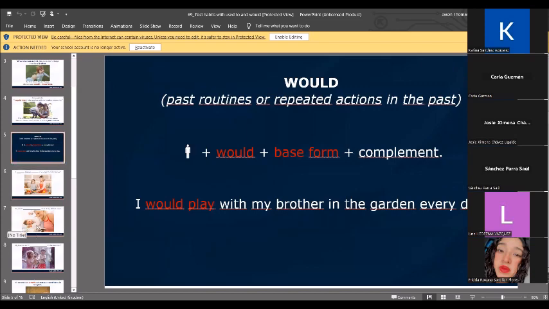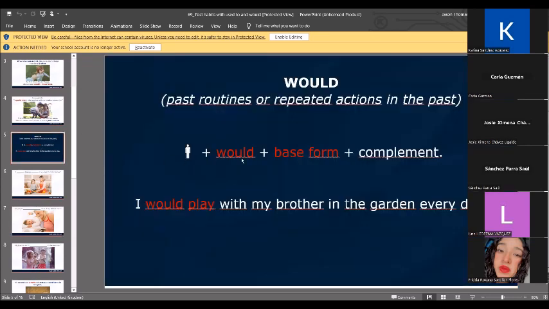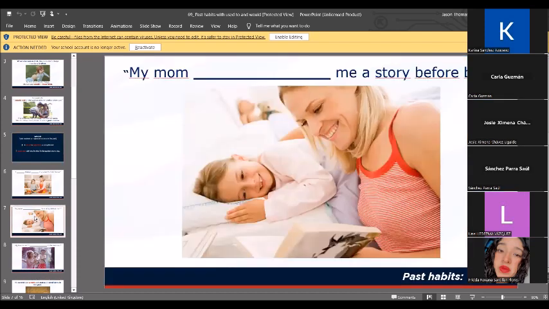My mom would read. My mom will reading. Would read. Read. One more time. My mom will reading my story before bed.